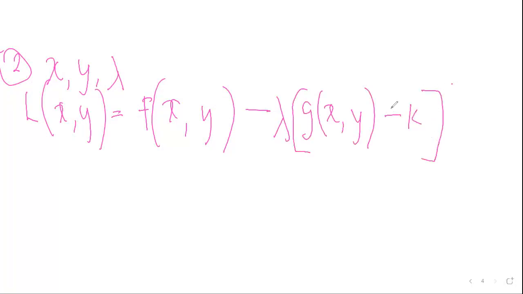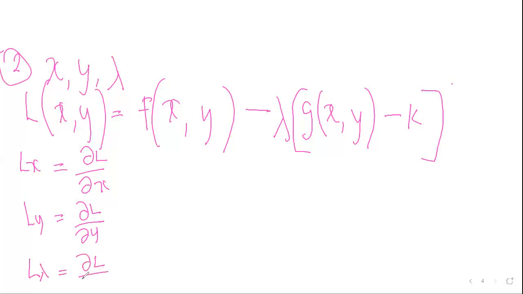So taking the derivative with respect to x will be Lx, which is equal to change in L over change in x. And then we also have Ly, which equals change in L with respect to change in y, and L lambda, which is equal to change in L with respect to change in lambda. So this is the second step in solving the Lagrange multiplier.